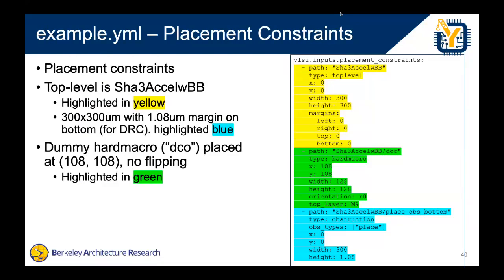Then in blue, we show another feature: adding an obstruction at the bottom for DRC reasons, something you might have to do in real physical design. And then the green box is that hard macro that I mentioned. We're integrating this DCO placed at a fixed location with a fixed width and height, and that's in green.